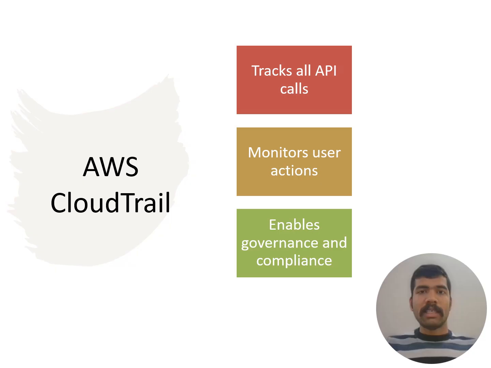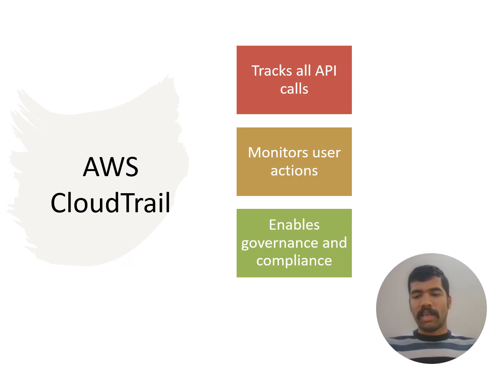Enabling a multi-region trail ensures that in any event of a threat, everything is captured even for services spanning multiple regions. To sum up, AWS CloudTrail is basically like a logbook that registers all logs.